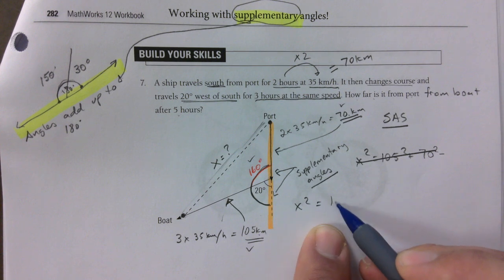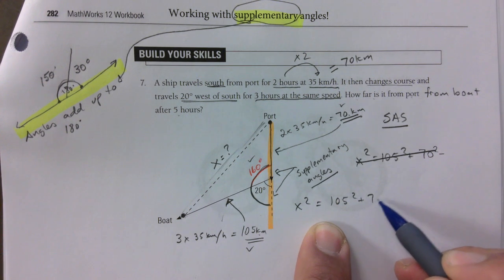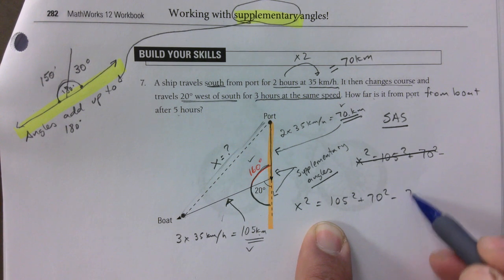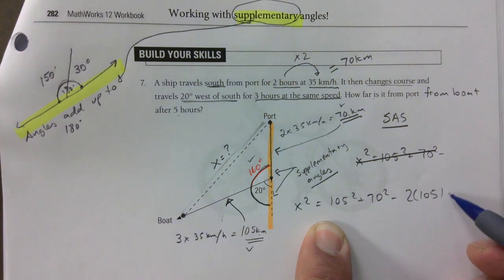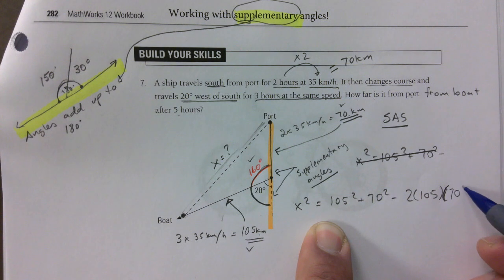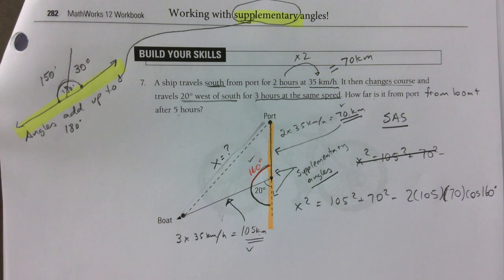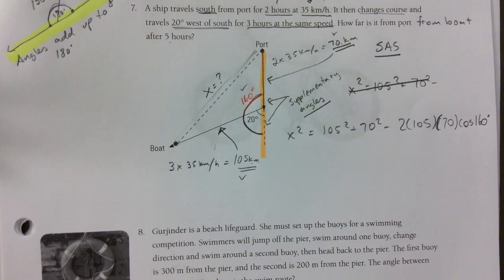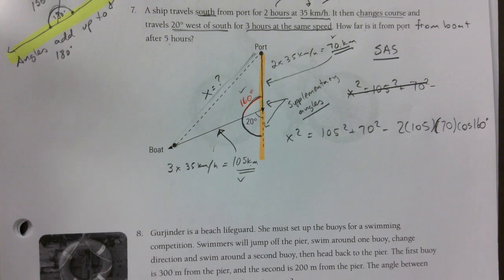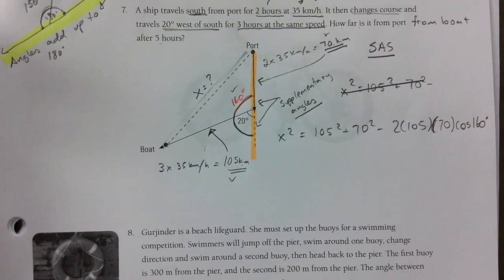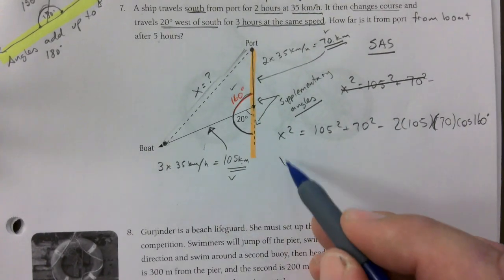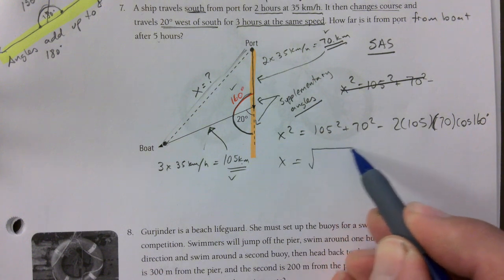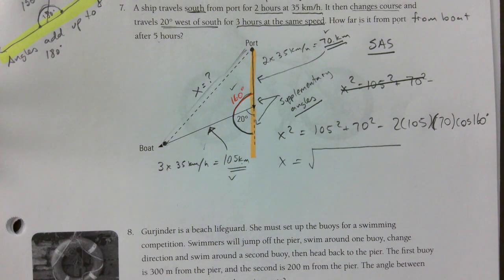X squared is 105 squared plus 70 squared minus 2 times 105 times 70 times cos of 160. And then the next line is, so once you know how to use cosine law, this is a no-brainer.